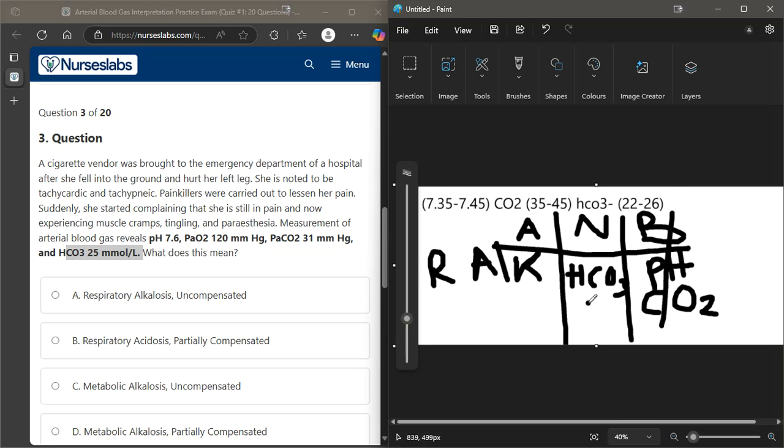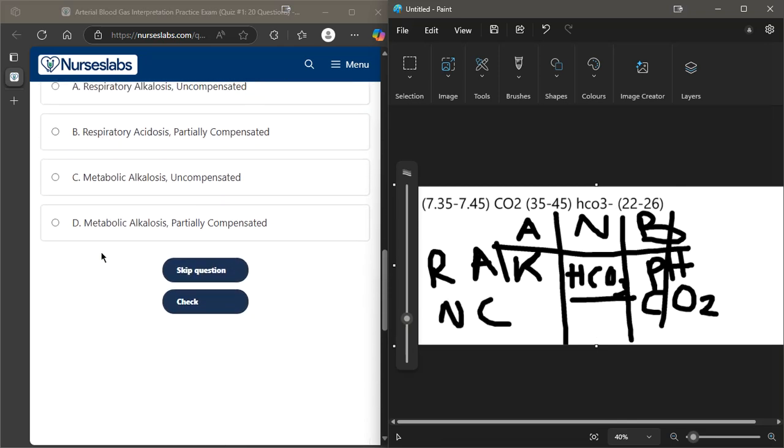Then we want to check whether there's compensation. If carbon dioxide and bicarb are on two different ends of the spectrum, one in the acidic tab and the other in the basic tab, or the other way around, we know that there's compensation. But in this case, our bicarb is in the normal tab, so there is no compensation.